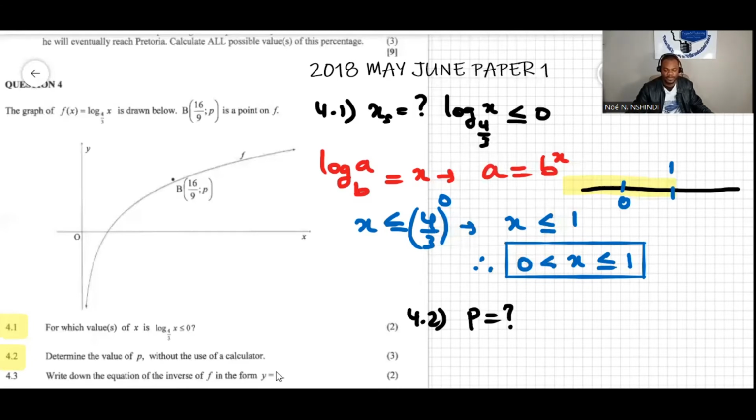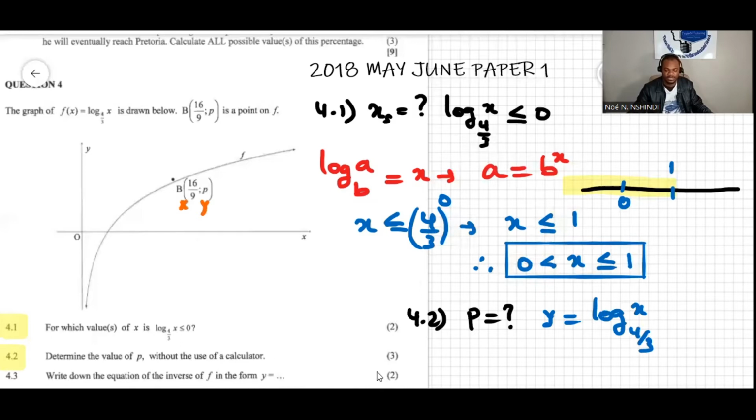We do know that the function is y equal to log of x base 4/3. Now, in this situation, I said over here that we have the x value and the y value. So we can sub in the values.